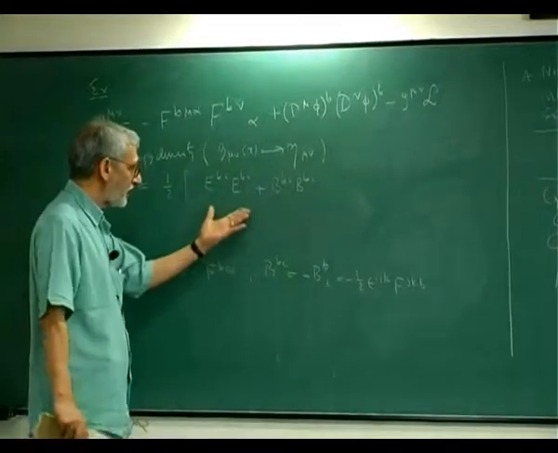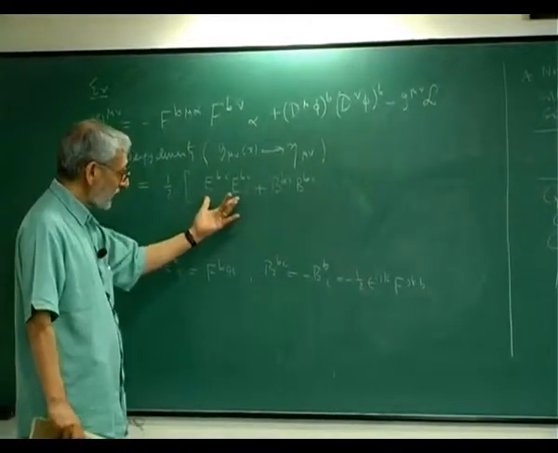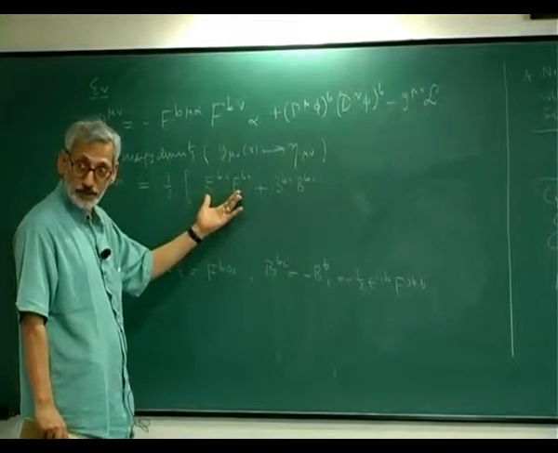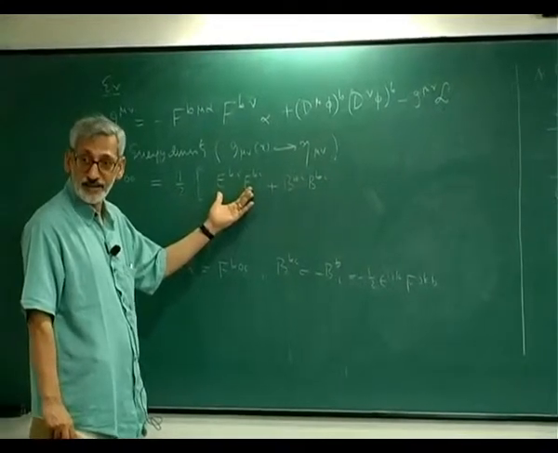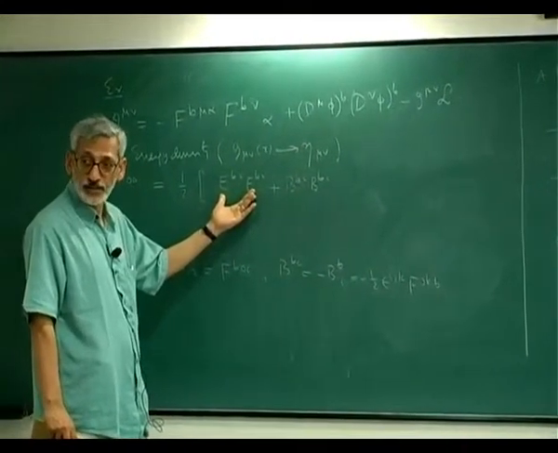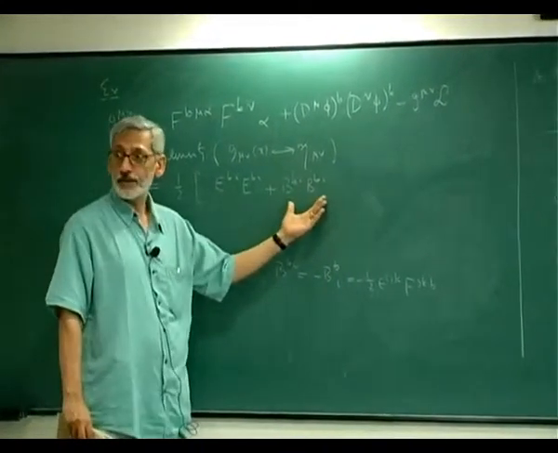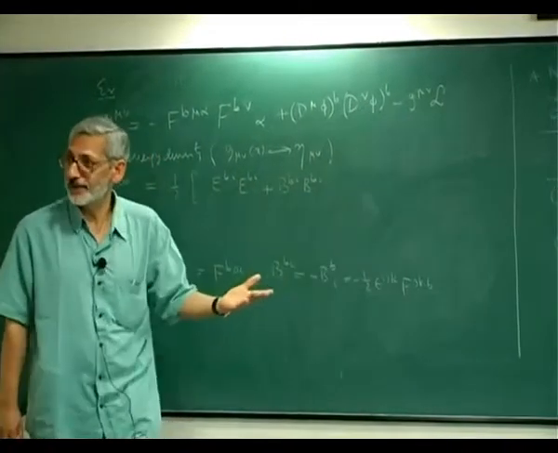Now you may have already recognized that this essentially is the kinetic energy of the gauge fields plus the potential energy of the gauge fields. So that's what the Hamiltonian is.